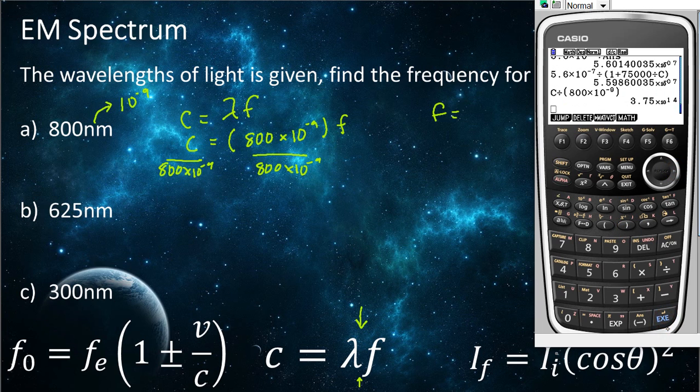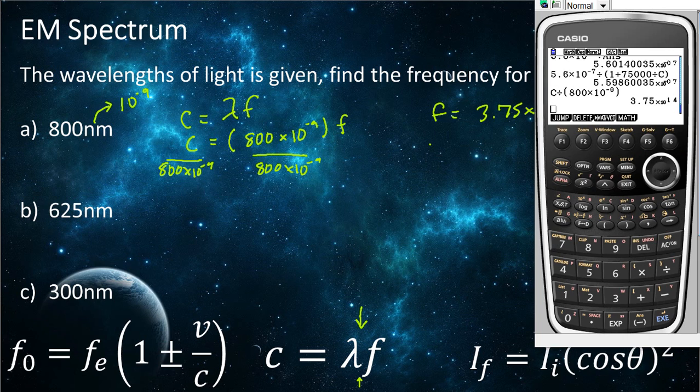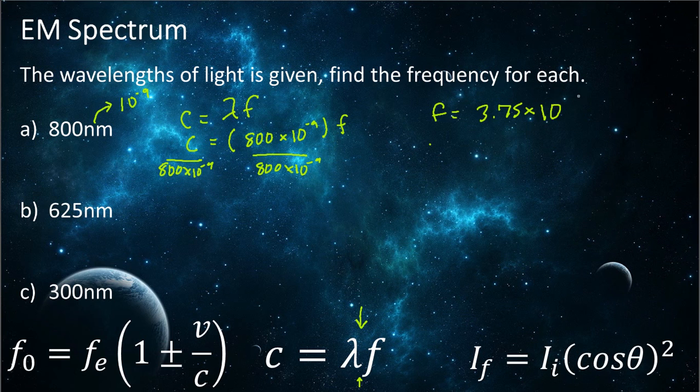All right, and we will get 3.75 times 10 to the 14th. Was it negative? Nope, positive. Positive 14th hertz. That's pretty fast. All right, so next one.